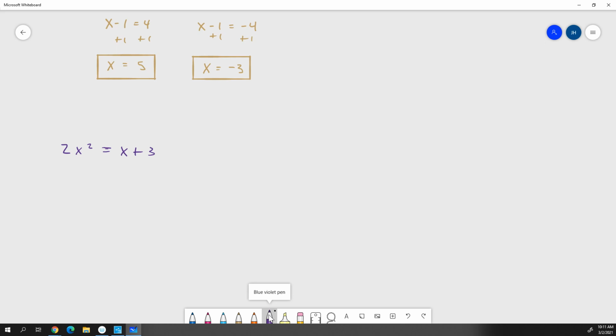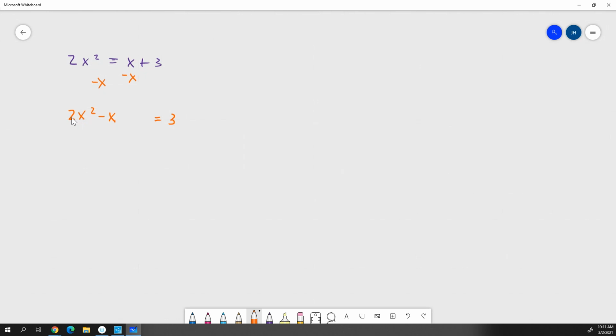I need to get that x over, right? So to do that, I'm just going to subtract x from both sides. I don't need to move the 3 over because I want the constant on that side anyway. So I would get 2x squared minus x equals 3.